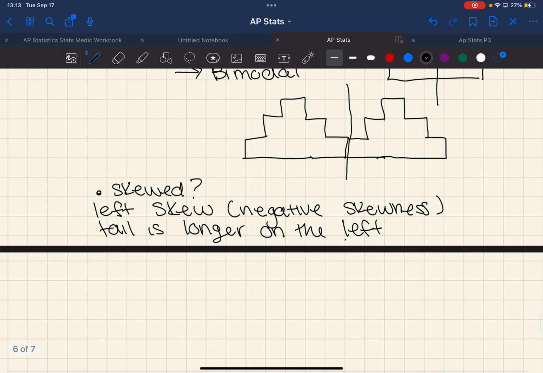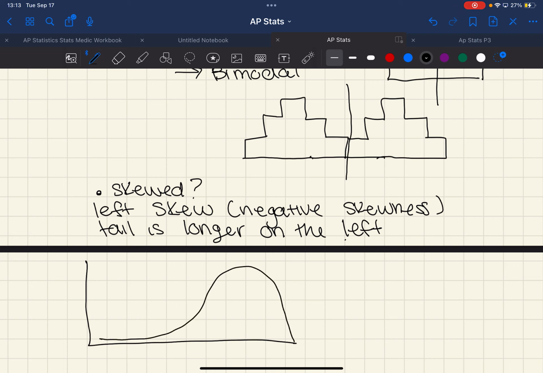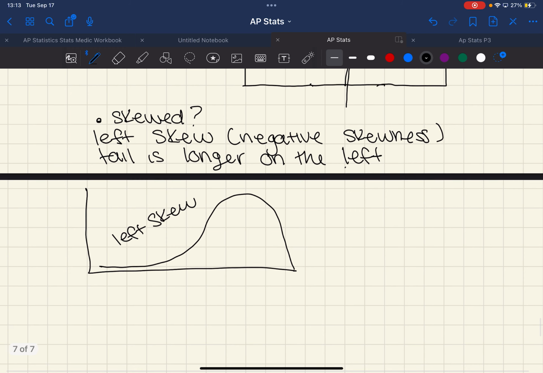And that looks something like this. So let's say this is our data chart, and we have the majority of our data on the right, and then it kind of just tails off on the left. So this is left skew. Or we have right skew, or in other words, positive skewness.